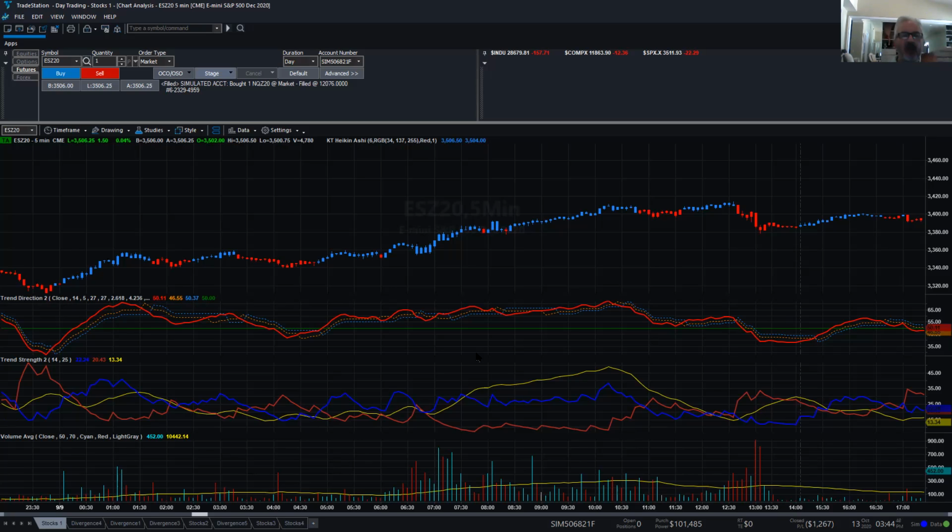If the wave just peters out, you're not going to be left holding a losing position. You might make a little bit, you might break even, you might lose a drop, but it's not going to be the type of loss that you would have experienced if you waited for the bar to close, or you waited for an extra 5 minutes.